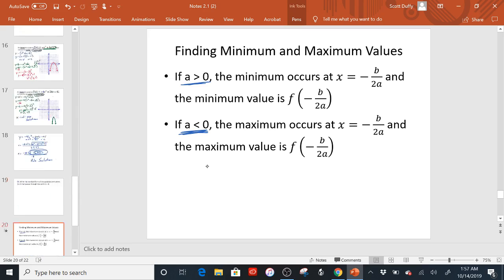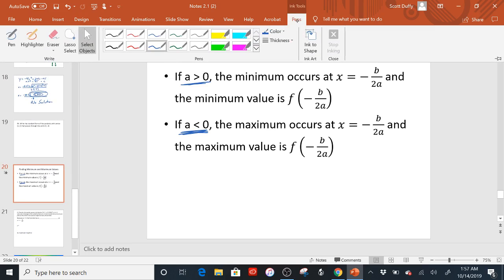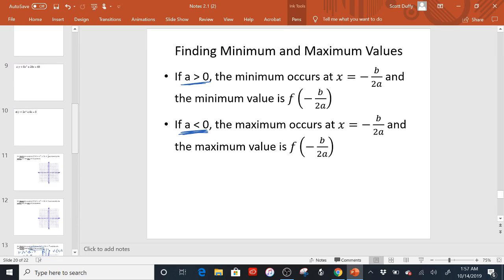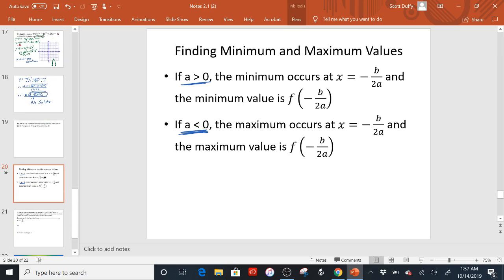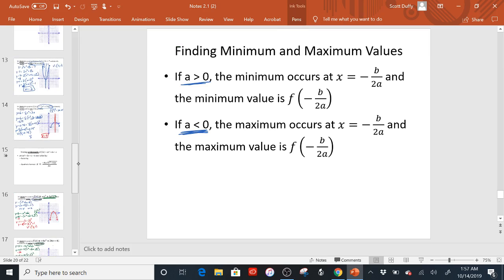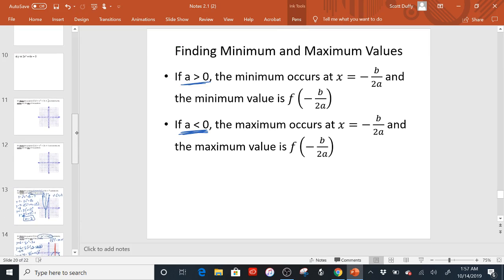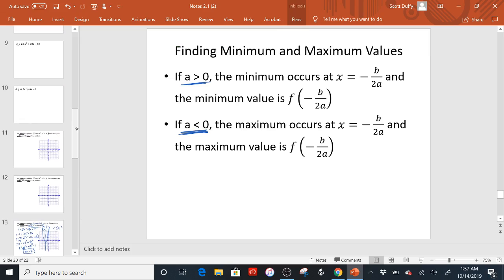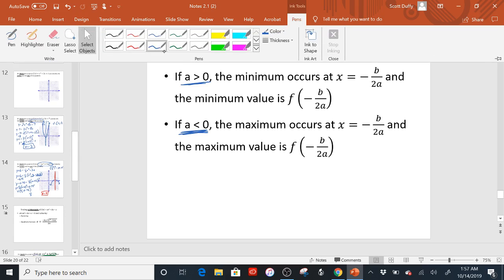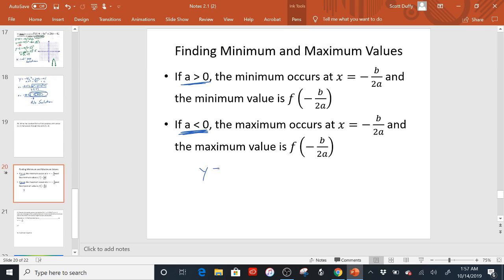Let's say that the equation is 2x squared plus 6x minus 3, and we completed the square for that.